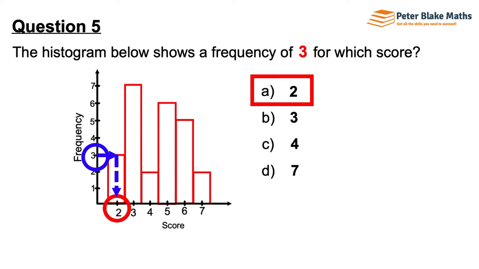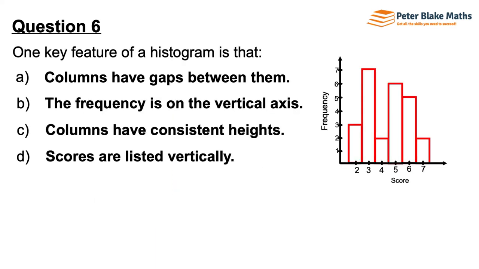Question 6. One key feature of a histogram is that it has columns that have gaps between them, or the frequency is on the vertical axis, or the columns have consistent heights, or the scores are listed vertically.